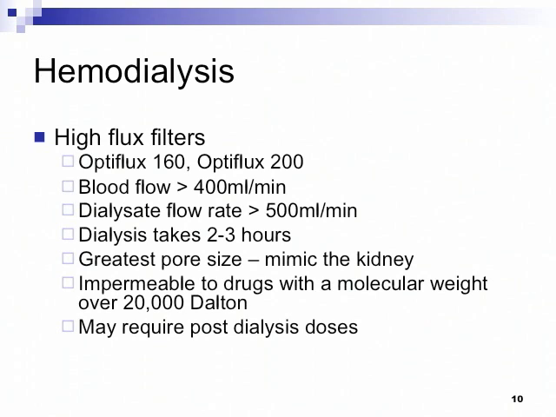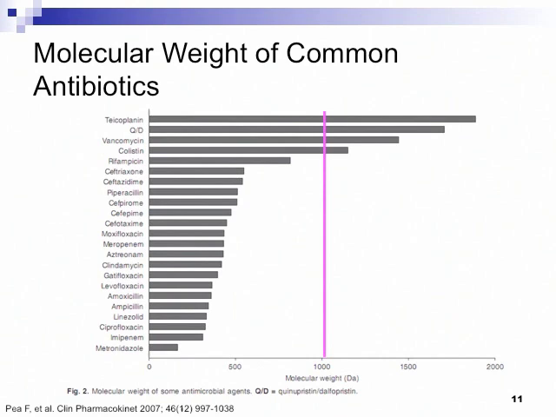So in this case, you always need to use a replacement dose after hemodialysis. This slide shows you this. You see the vertical bar, this is the 1,000 Dalton. The drugs on the left side have a molecular weight less than 1,000 Dalton.